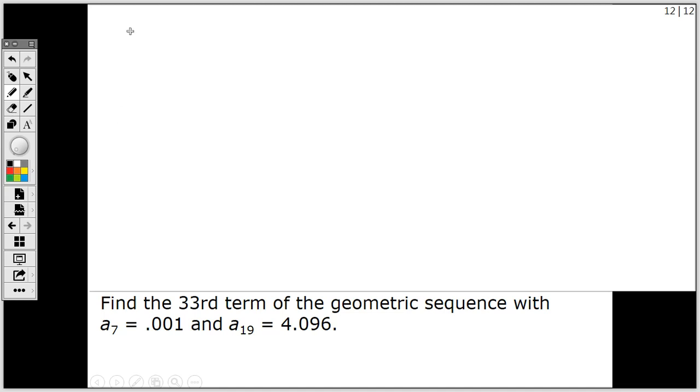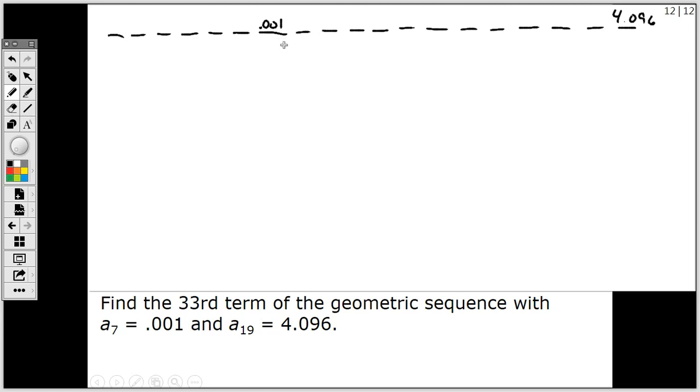And anyway, so we have a sub 1, 2, 3, 4, 5, 6, 7. A sub 7 is 0.001. 8, 9, 10, 11, 12, 13, 14, 15, 16, 17, 18, 19. Now, I do this really just for the visual, right? How many r's am I multiplying?